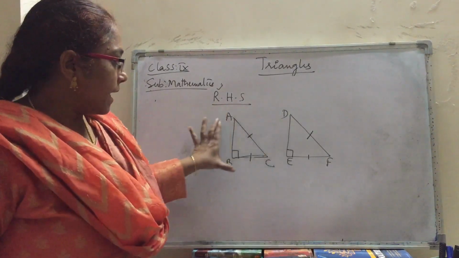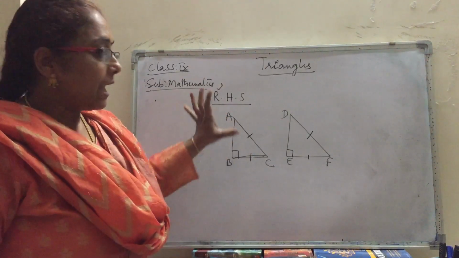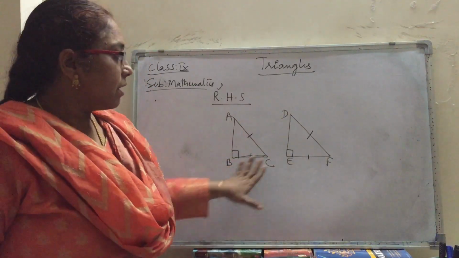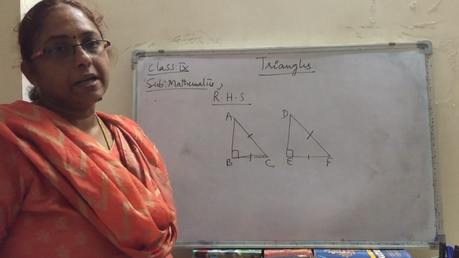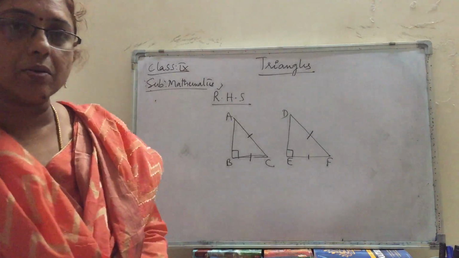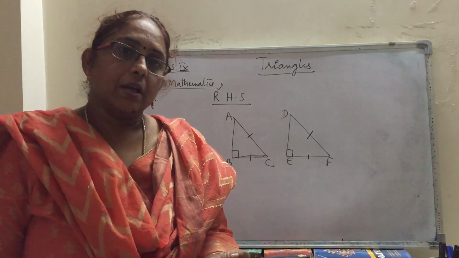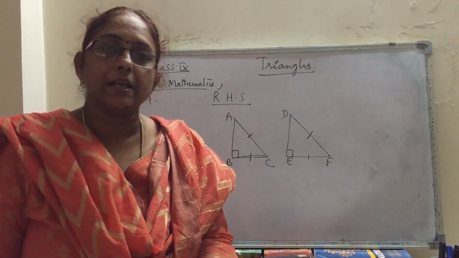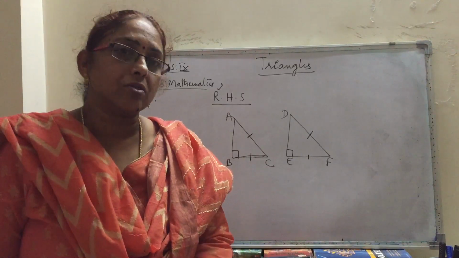Is it clear, children? So what are the four congruency rules we have? SSS congruency rule, SAS congruency rule, ASA congruency rule and RHS congruency rule. By using any one of these congruency rules, we can show the triangles are congruent.